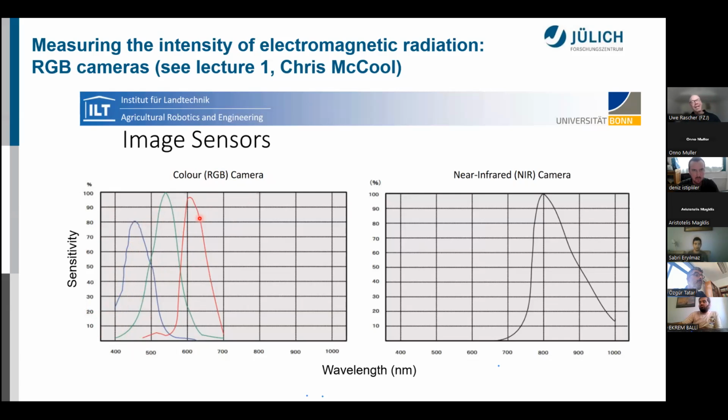which are sensitive for blue, green, and red photons. And what you already can see here, these are cameras which are built to reproduce pretty pictures for our human eye, but not necessarily pictures for precise measurements, because there's a lot of overlap and non-specificity in the sensitivity spectrum of these different channels.